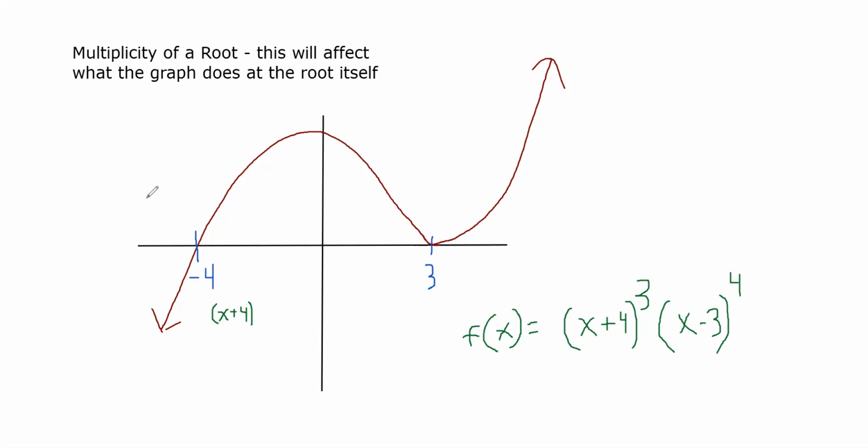So the end behavior test can give us an idea of what the graph does on the extreme ends as I go all the way to the left and as I go all the way to the right. That's what the end behavior test tells us. The multiplicity of a root tells us what the graph does at an actual root.